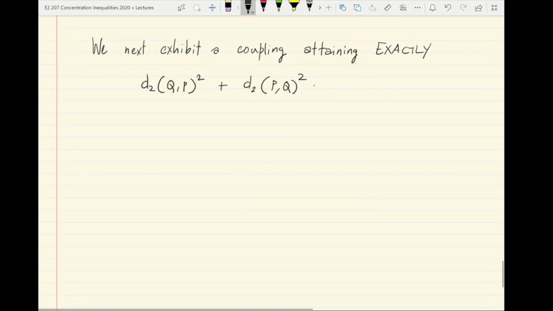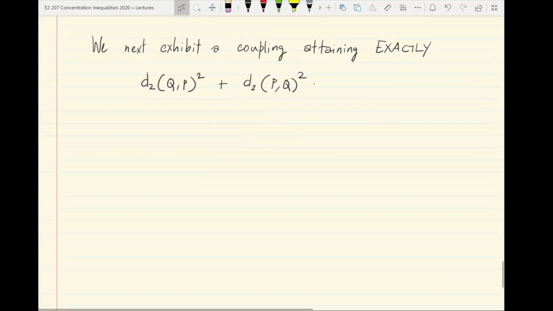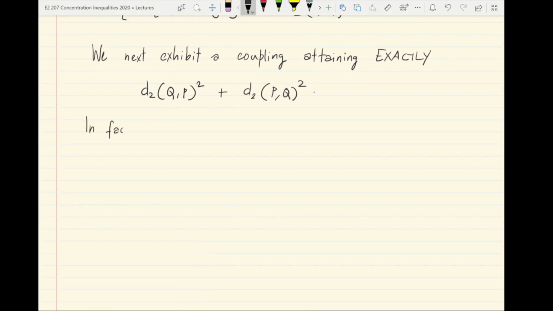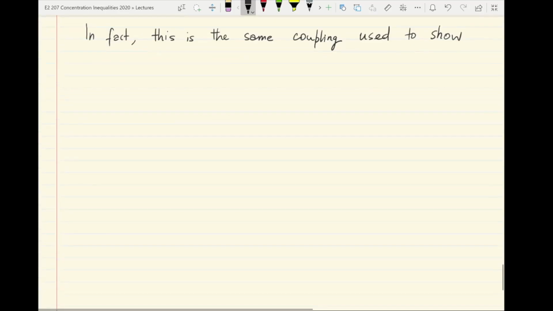And what is this coupling? In fact, we can reuse the same coupling that we used to show the maximal coupling lemma. In fact, this is the same coupling we used to show the maximal coupling lemma.